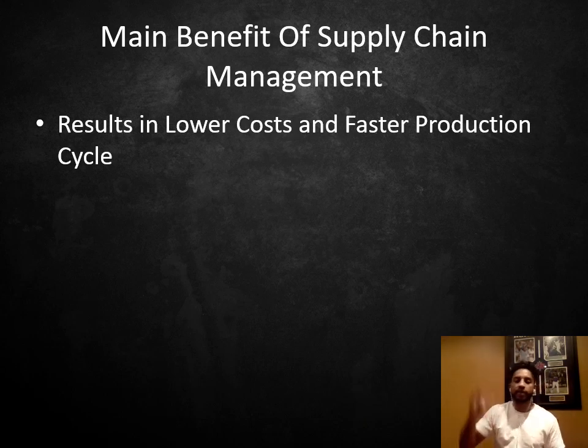He fired all his guys and he put in these 2 massive robotic arms that did all his packaging for a fraction of the cost of what it took to pay all these guys. So he enhanced his supply chain. He managed his supply chain. That's why he had lower costs and faster production.